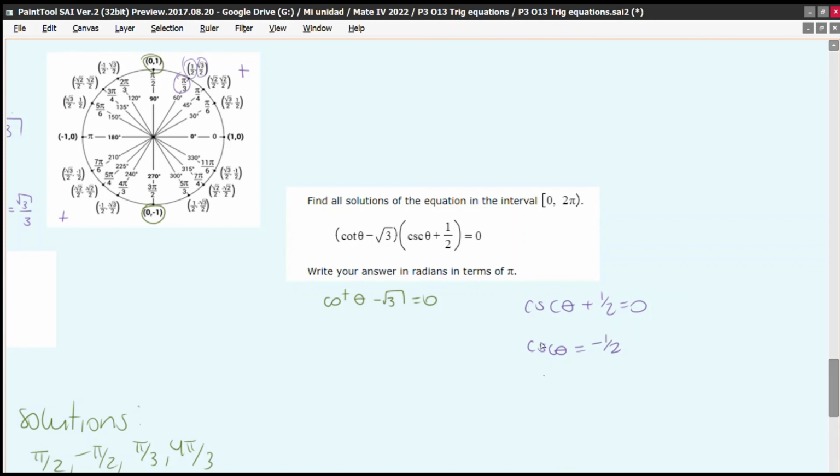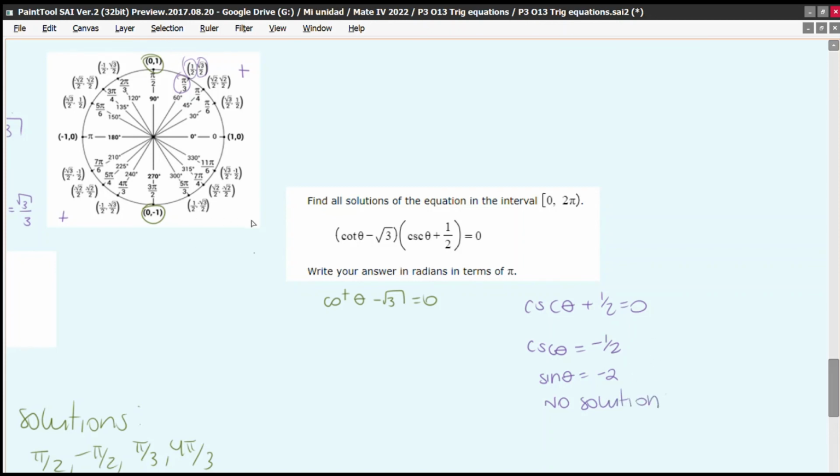So I'm going to flip it, sine of theta, and I'm going to flip 1/2, and this is minus 2. So what do you think is going to happen here? Is sine minus 2 anywhere in the unit circle? No. So this is no solution.